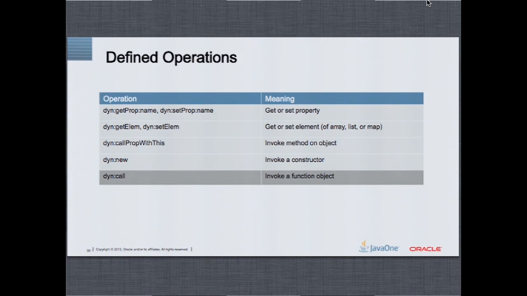Probably in the near future, we'll add support for iteration over container elements, properties, and so on. And there is also an interesting thing that I just recently did, which is support for so-called combined operations. So in a single invokedynamic call, you can say, I want to retrieve either an element or a property.